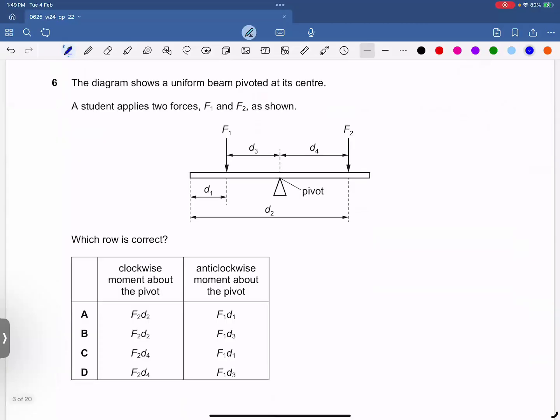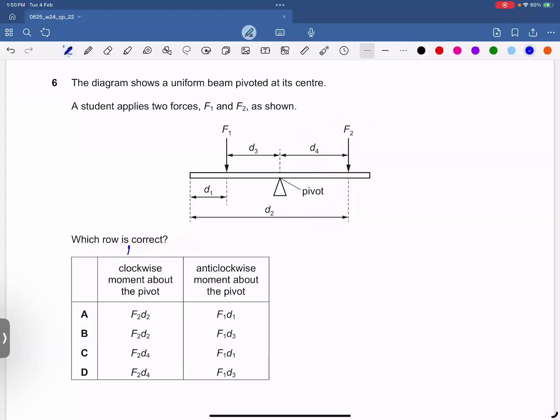The diagram shows a uniform beam pivoted at its center. The student applies two forces, F1 and F2, as you can see. Which row is correct? The first row is talking about clockwise movement. This causes clockwise movement, you can see that. The clockwise moment is F2 multiplied by D4.